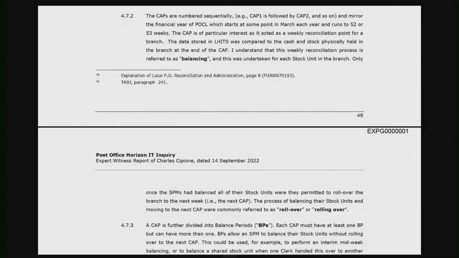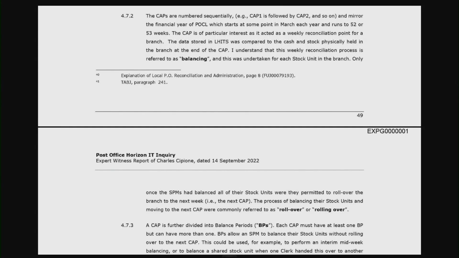You say that the data stored in Horizon was compared with the cash and stock physically held in the branch at the end of the cash accounting period, and that this weekly reconciliation process was referred to as balancing. Yes. And you say that this was undertaken for each stock unit in the branch. Yes.